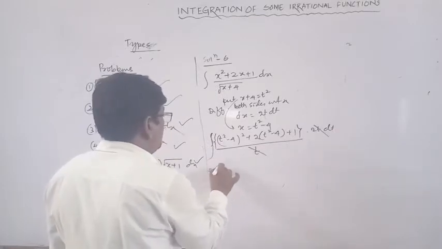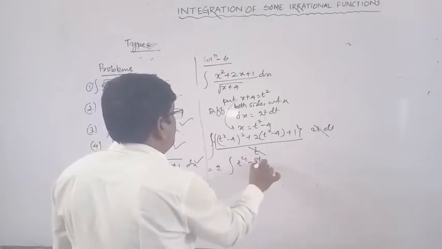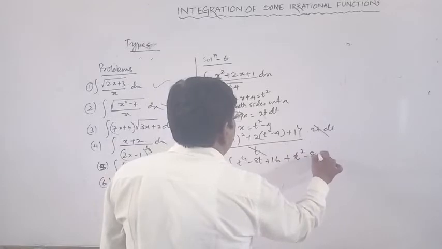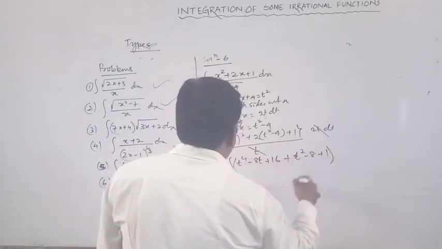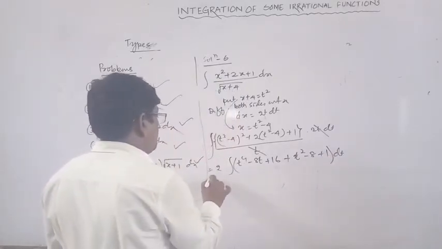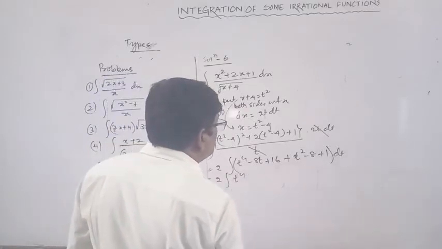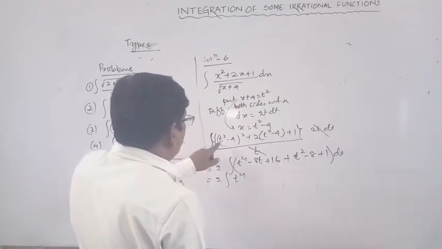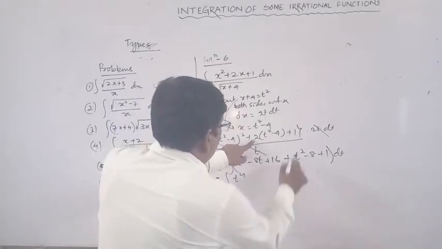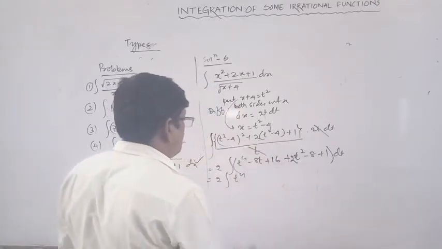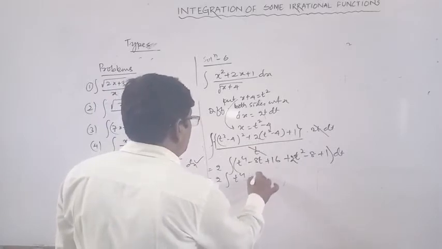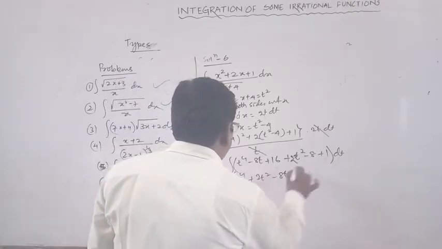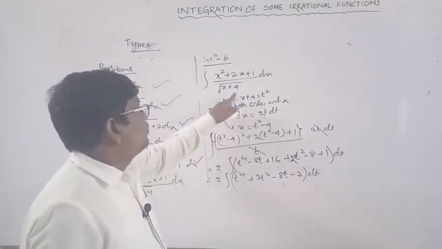Then t⁴ − 8t² + 16 + 2t² − 8 + 1, so this is equal to 2 into (t⁴ − 6t² + 9) dt.